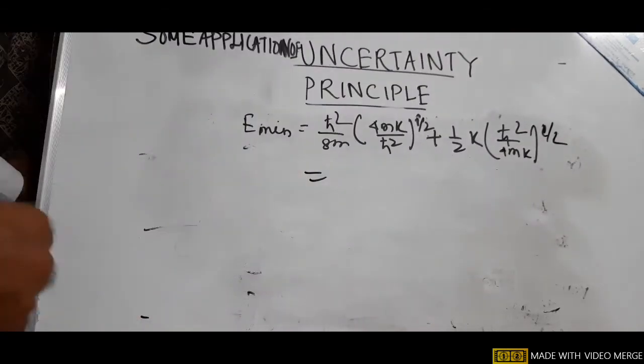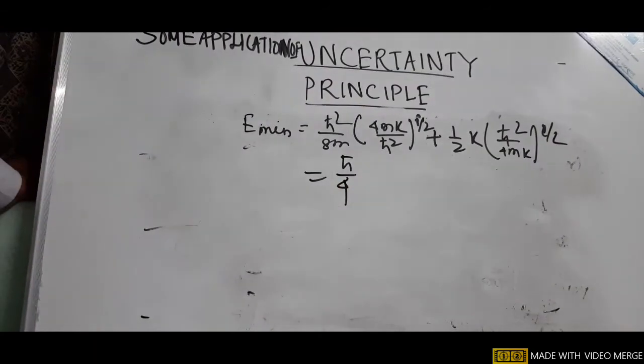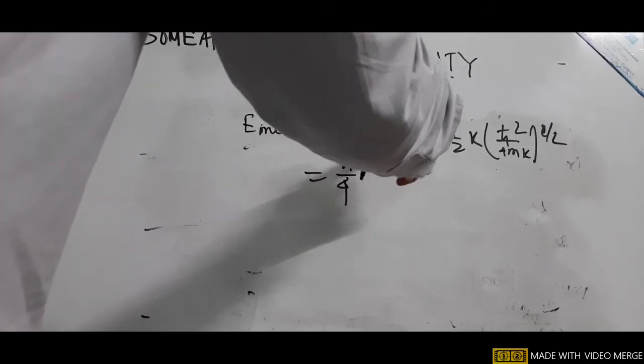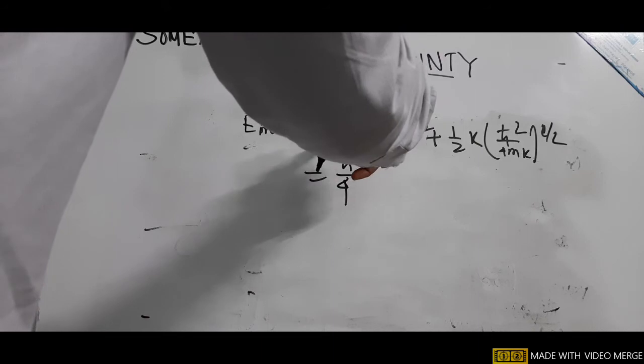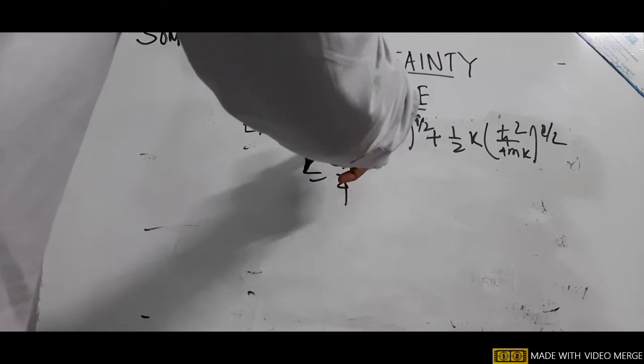So it becomes h by 4, because the h square root over h squared cancels, and then 4 becomes 2.